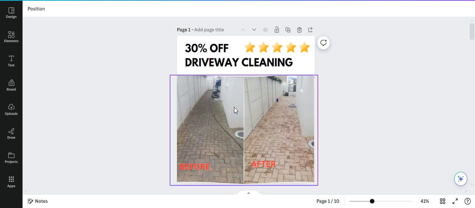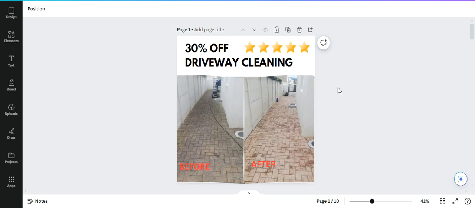So I know that policy very well, and this before and after shows the transformation that has happened in the ad, and we are creating this ad specifically to target homeowners who want pressure washing or who want their driveway to be clean, who want their rooftop to be clean and other stuff.